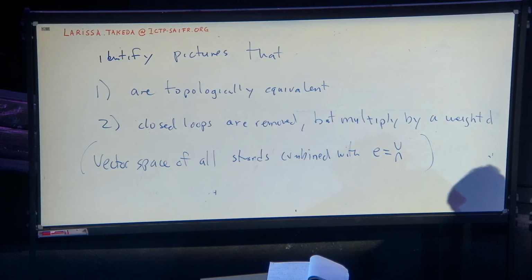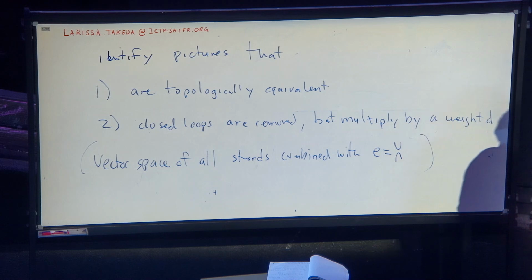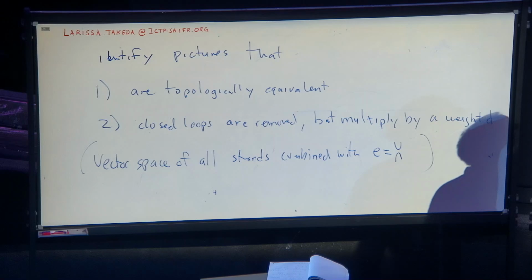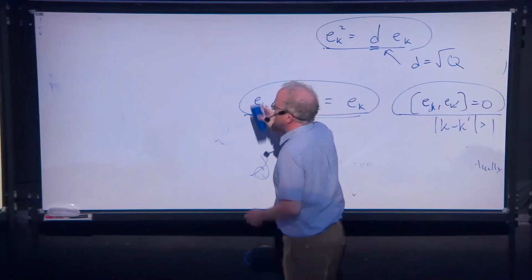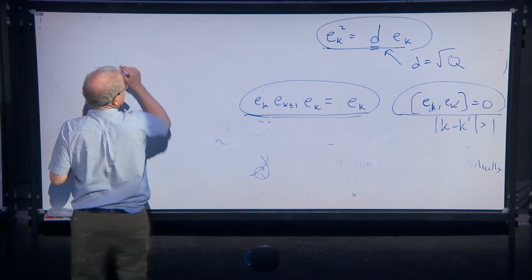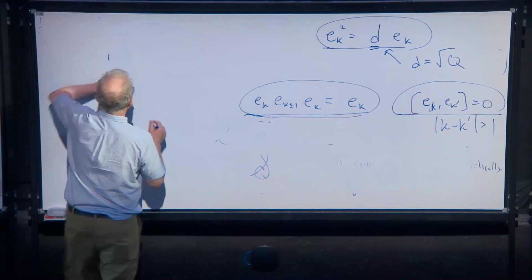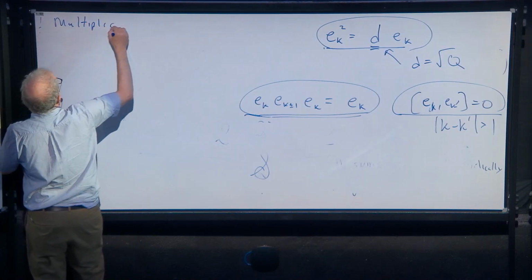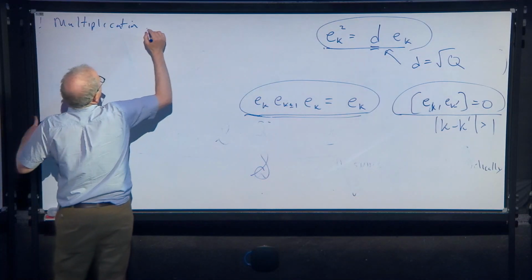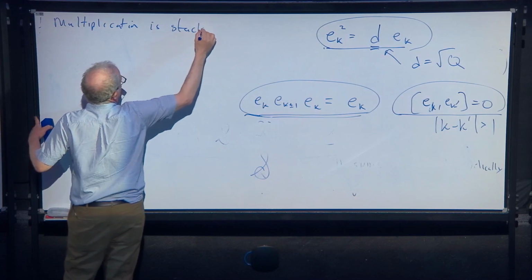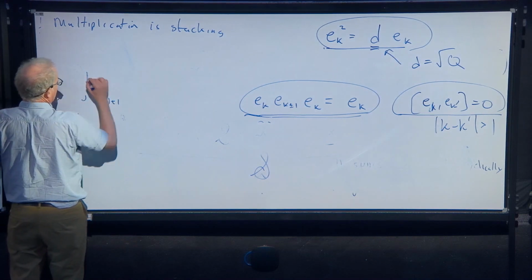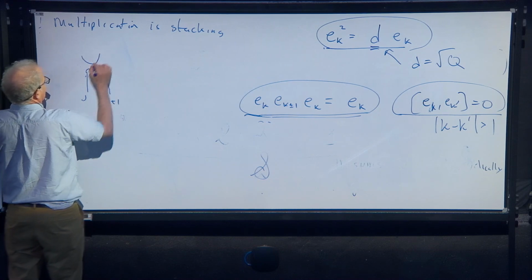So the pictures now. All right, so this relation, the first one, is the top relation, which says that if I take two E's, so multiplication, like I indicated, is stacking. So if I have EJ, so this is the J plus one strand, that's EJ.